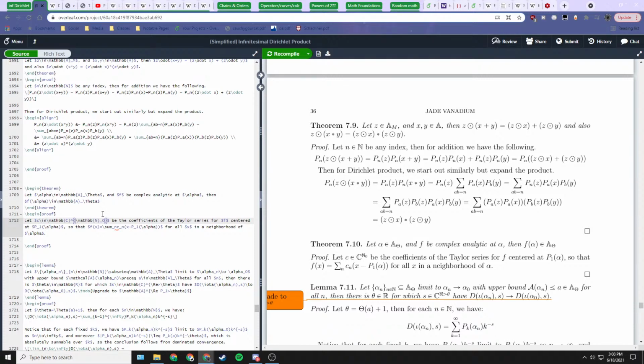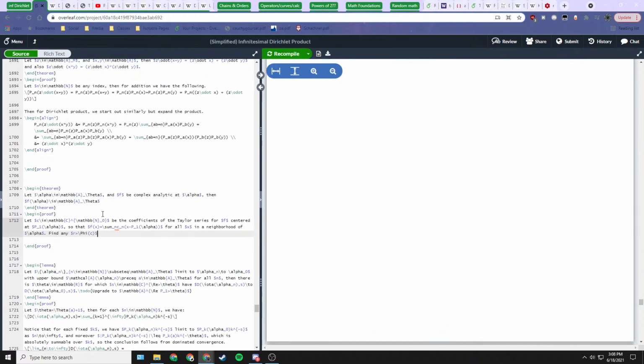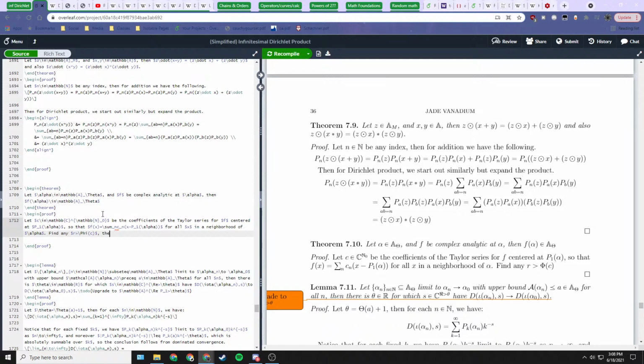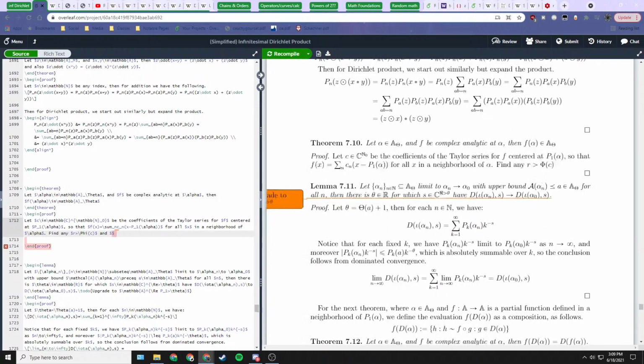Okay, so we have the Taylor series of f centered at p1 of alpha, which is a complex number. Now what we want to say is, actually we can just say find any r greater than phi of c, then we must have r greater than phi of z, and we'll call it, actually wait, that's not right, is it?